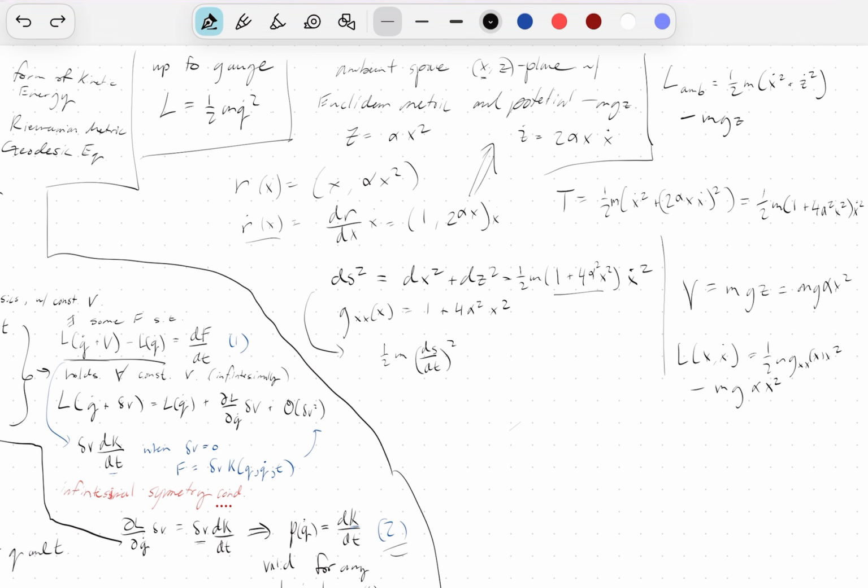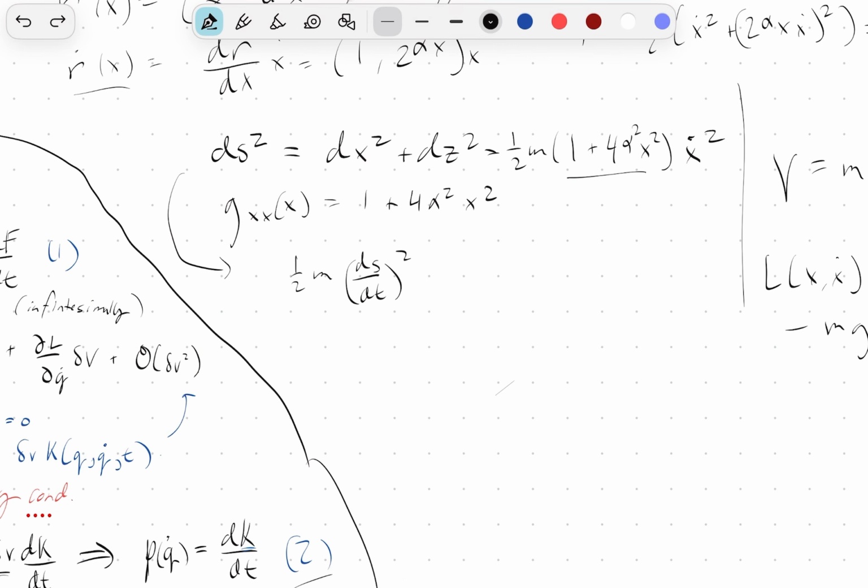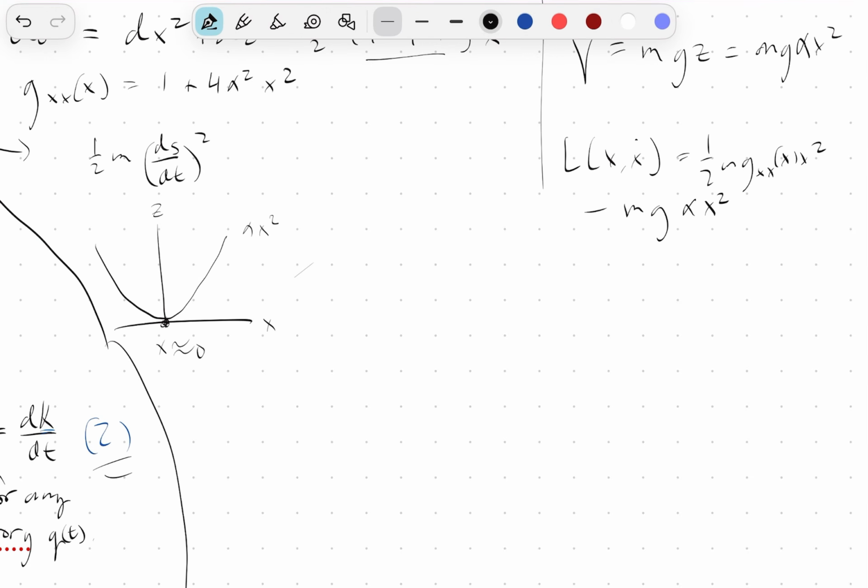That's the constrained Lagrangian. All right. Now notice, if we were to visualize this parabola, here's x, and then here's z. It's alpha x squared. So let's take the system where x is approximately 0. What happens when x is approximately 0?